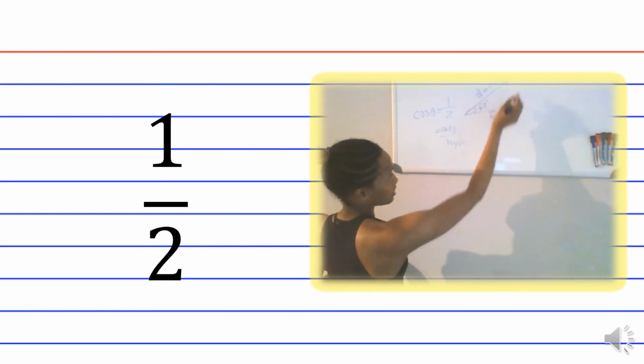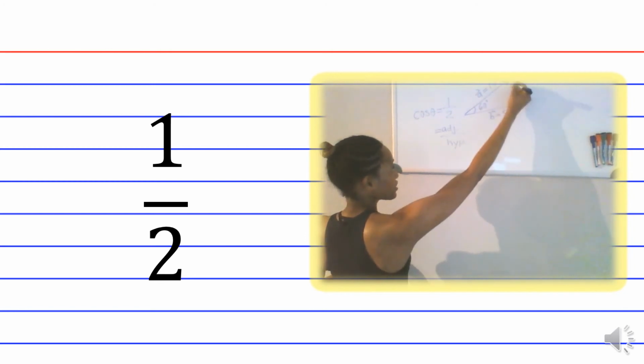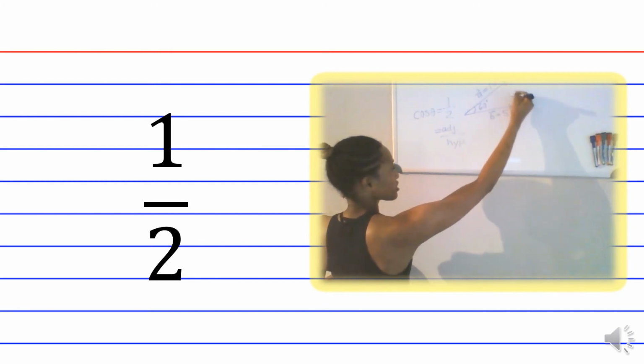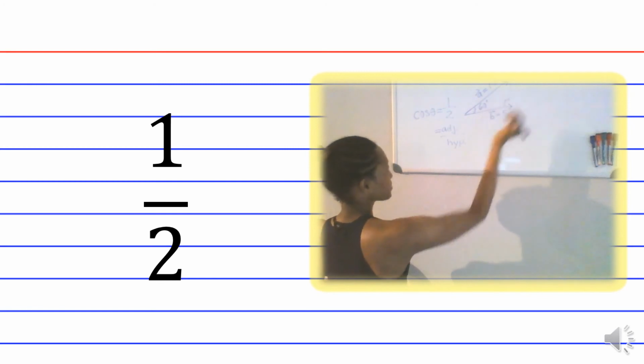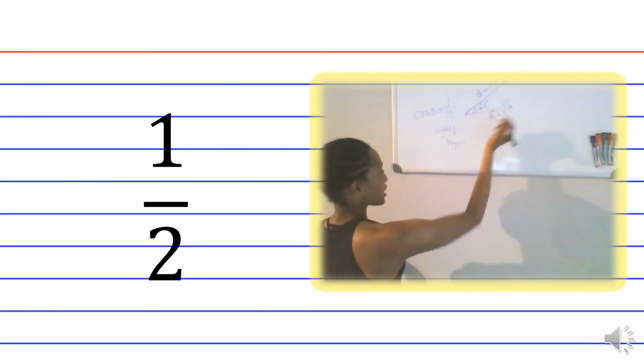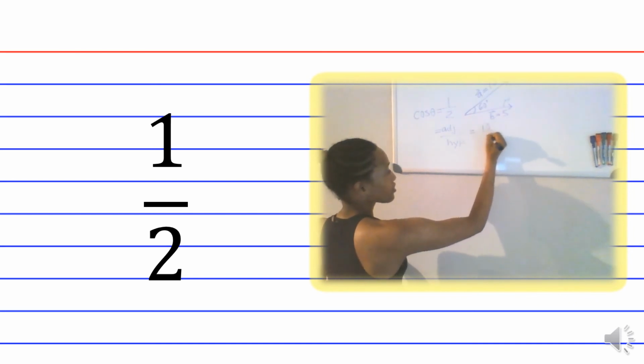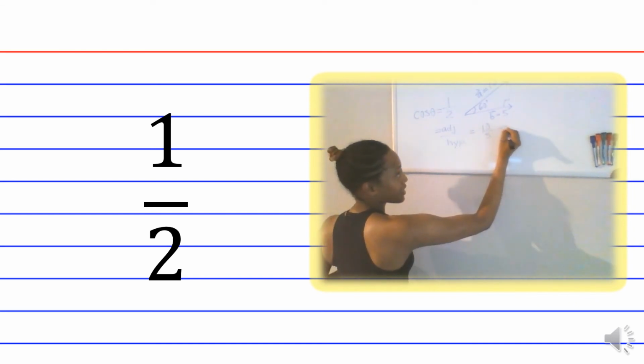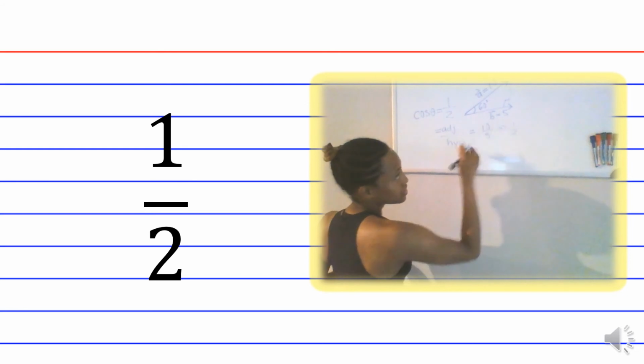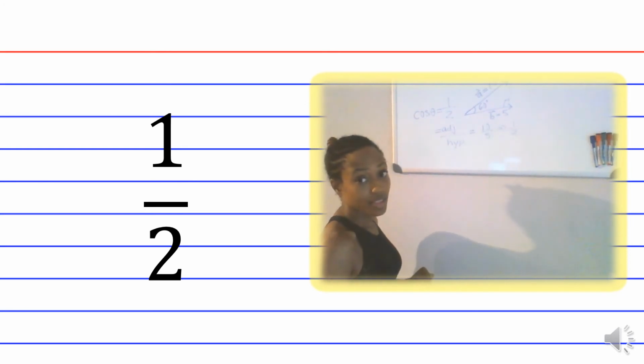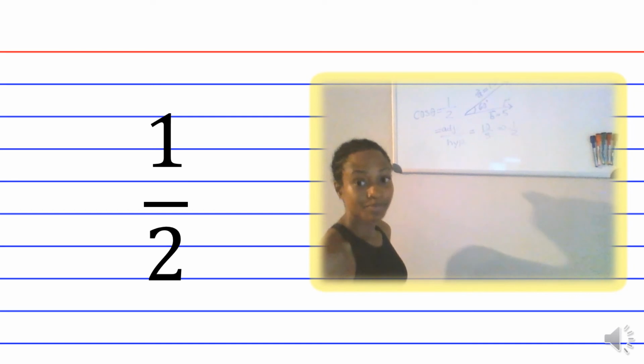This would be correct. This formation, if you imagine a right triangle formation, because 10 over 5 simplifies to 1/2. So this is the way you can think of the cosine of 60 degrees. So 1/2 is the answer.